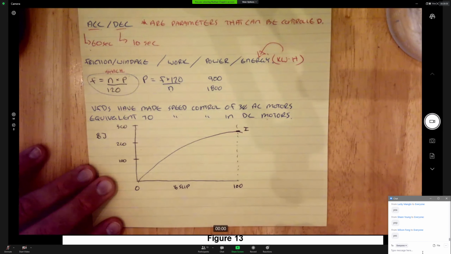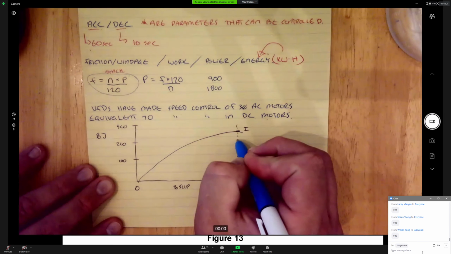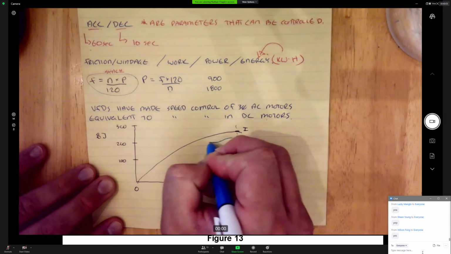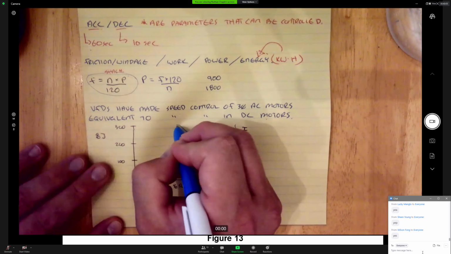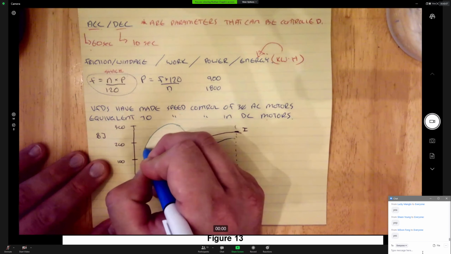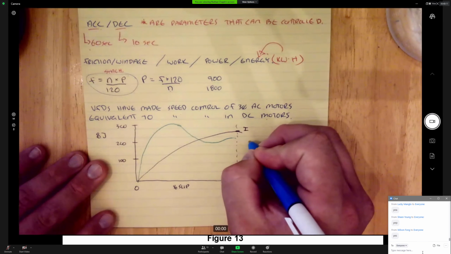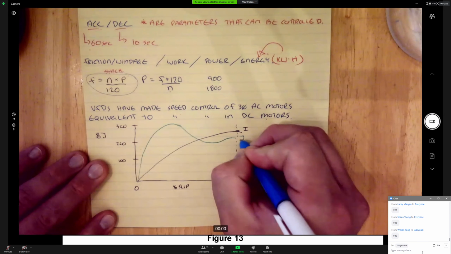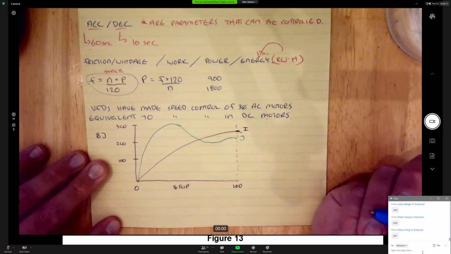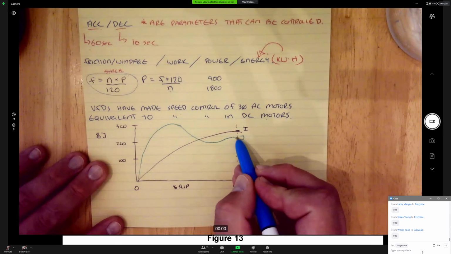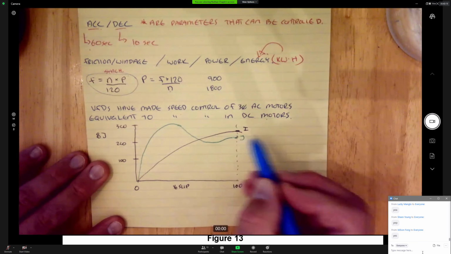Now, this is an example of what a torque curve characteristic might look like, depending on whether it was NEMA A, B, C, or D, which we'll come to in a bit. So this is the torque curve. So this right here would be my starting torque.